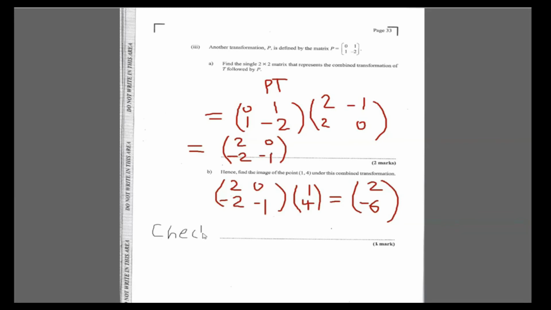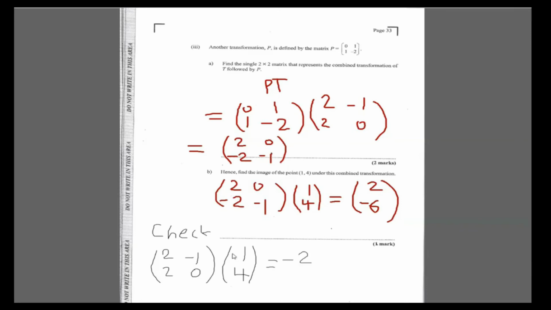So doing a check, it undergoes T first, where T is 2, negative 1, 2, 0, and this is (1, 4). Row by column, that's 2. Then 2 minus 4 is negative 2.